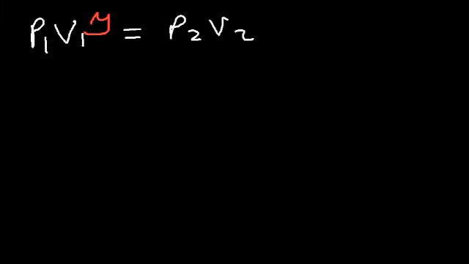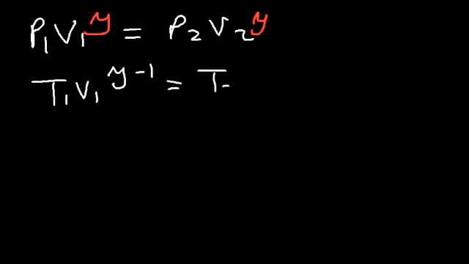And then you also have these equations. P1 V1 raised to the gamma is equal to P2 V2 raised to the gamma. And also T1 V1 raised to gamma minus 1 is equal to T2 V2 raised to gamma minus 1.